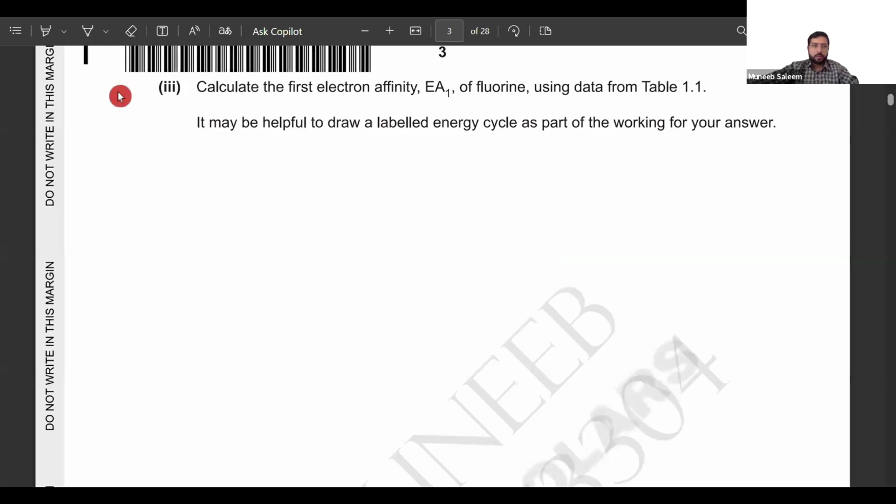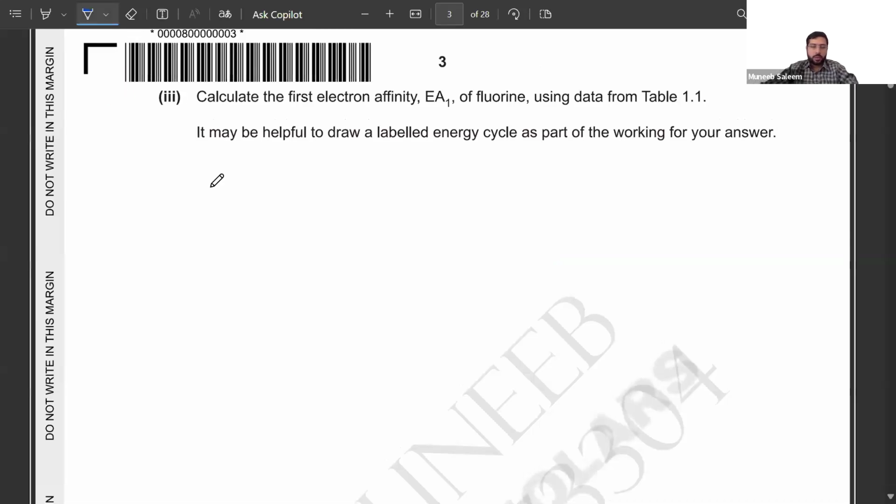All right, so the formula which we deduced from the notes was delta H lattice in standard form is equal to delta HF minus delta H1. That's a simple formula which you just need to learn.